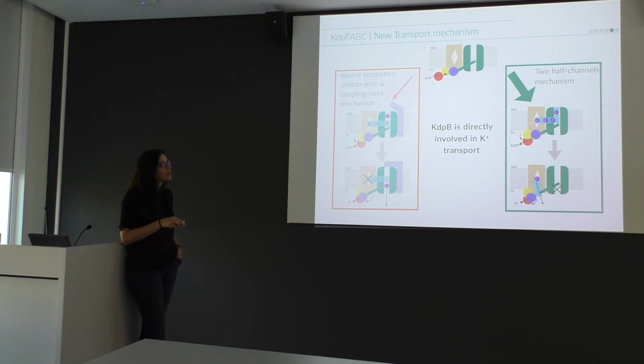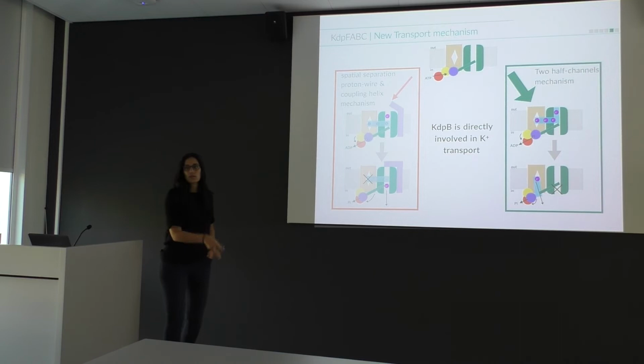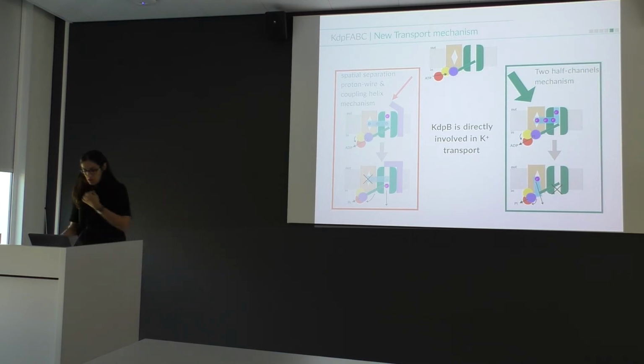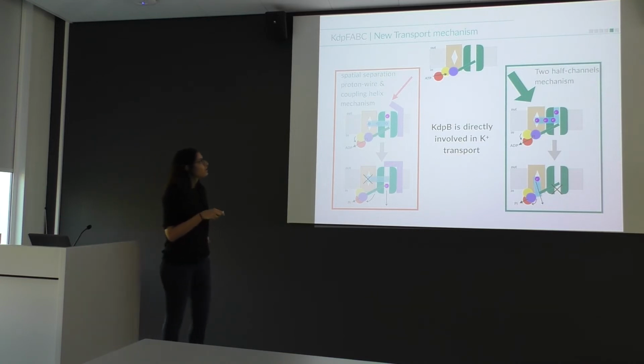From here on we would have a more classical transport mechanism as found in other P-type ATPases, so that the conformational change induced here opens up another tunnel, so you really have the alternating access mechanism, and potassium is released.